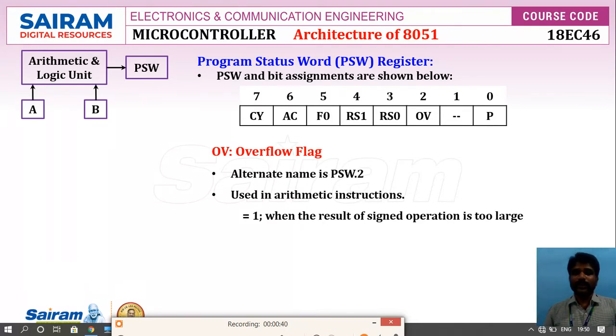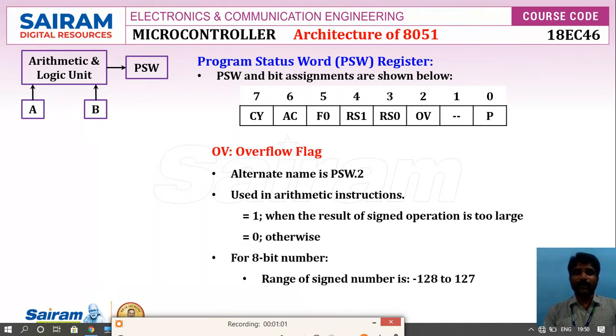Again, we divide binary numbers into signed numbers and unsigned numbers. Signed number means we give preference to the sign, either positive or negative, but in an unsigned number, we won't give that preference. All the bits represent the magnitude. So it is set to 1 when the result of a signed operation is too large, otherwise it is 0.